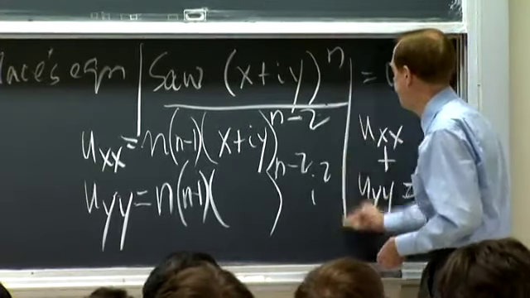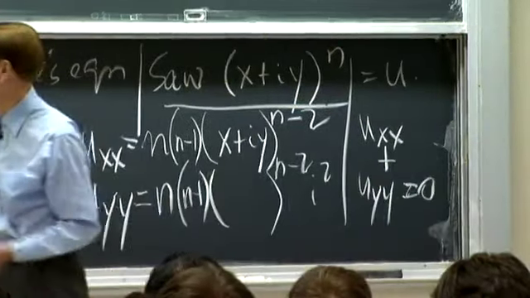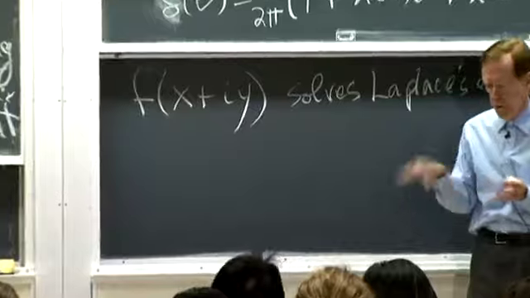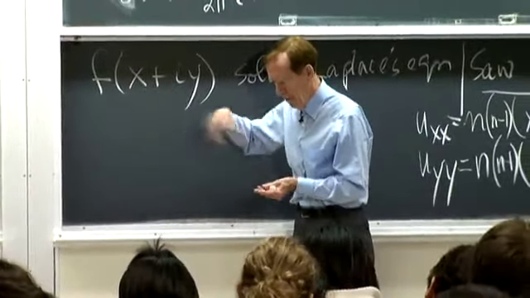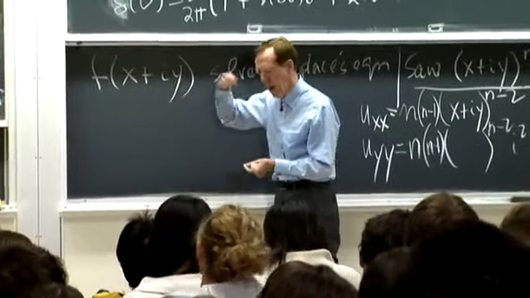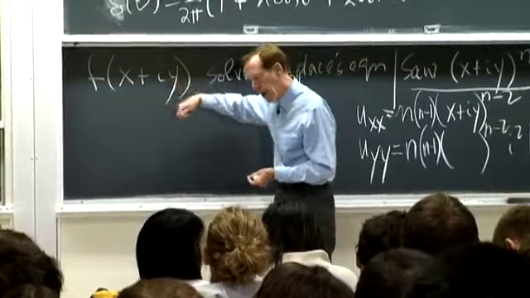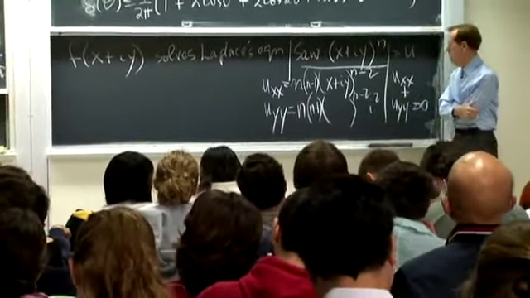So that works. And actually, the same idea would work for any function of x plus iy. The two x derivatives just give f double prime. Two y derivatives will give f double prime, but the chain rule will bring out i both times, and we've got it.